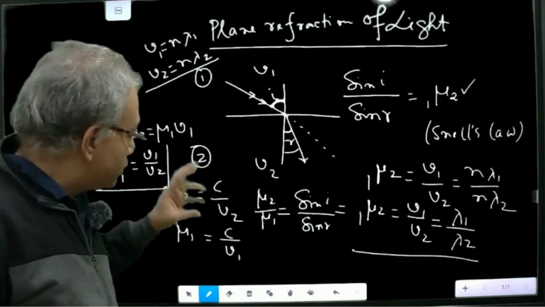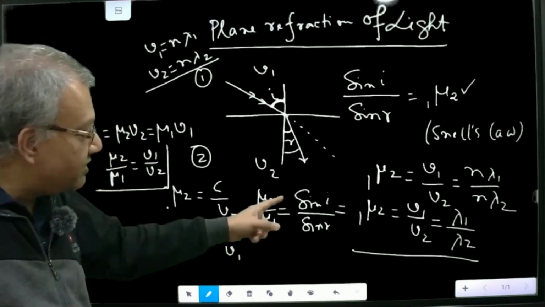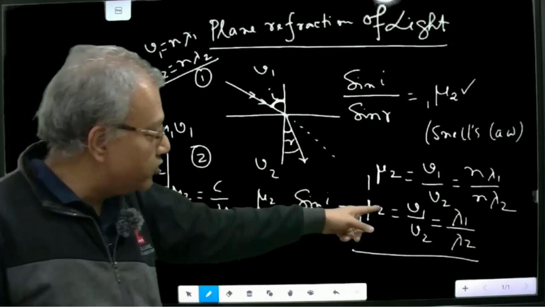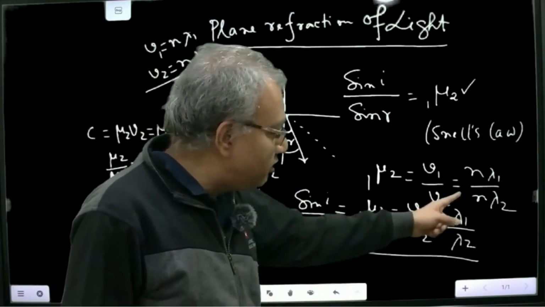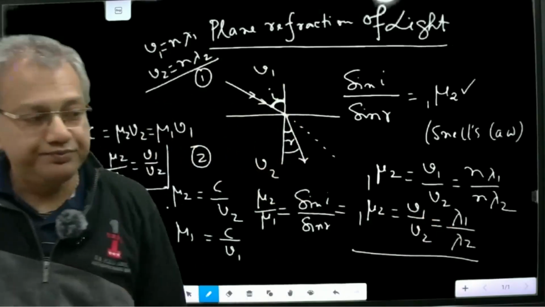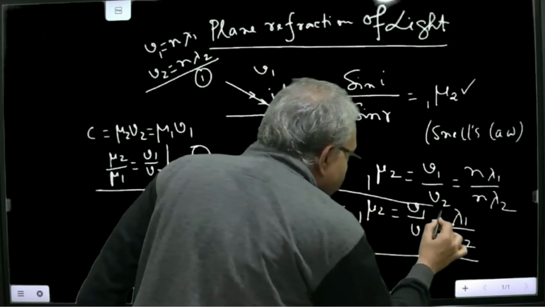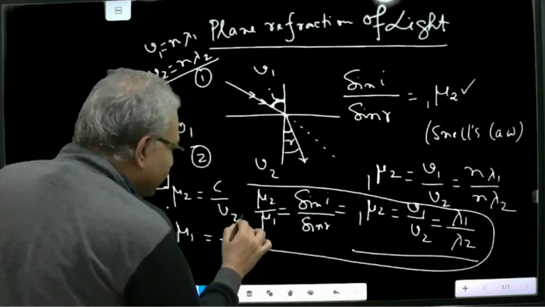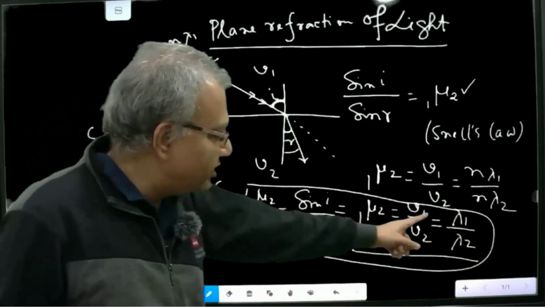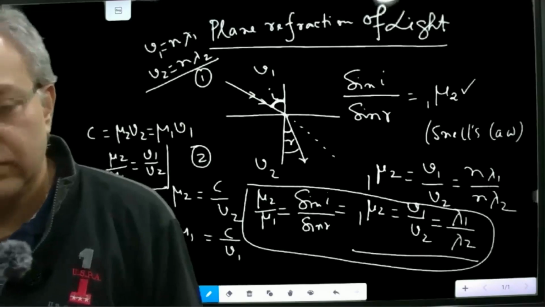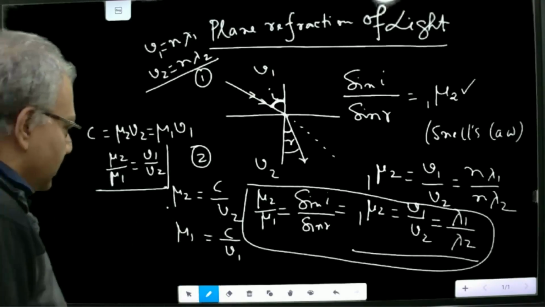So now mu2 by mu1 is equal to sin I by sin R, which is equal to mu21, which is equal to V1 by V2, which is equal to lambda 1 by lambda 2. This is the normal expression, the normal theory. You have to remember this. Understanding, children?